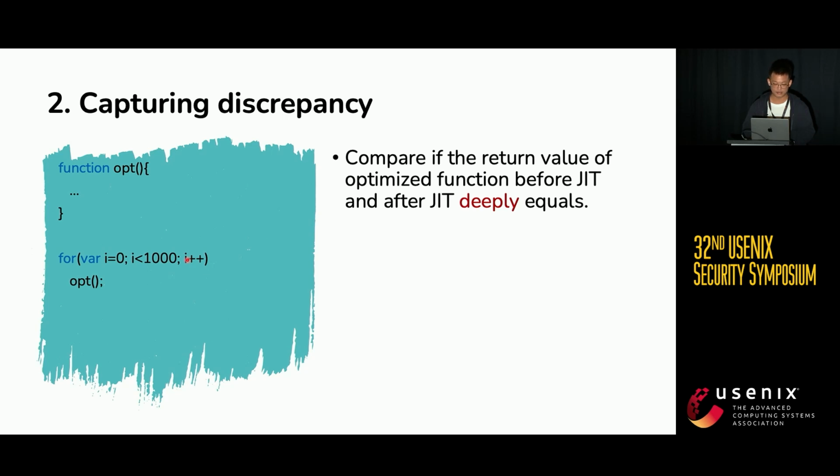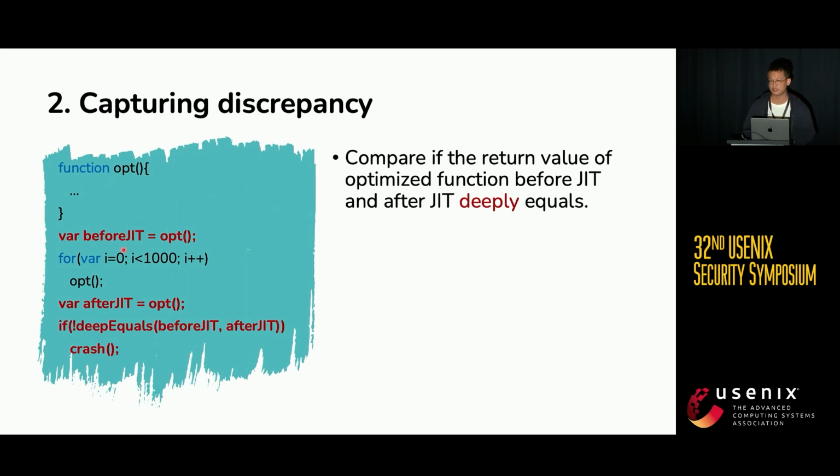For the second step, capturing the discrepancy, to capture the discrepancy before and after the optimization, we can compare whether the return values of the function before and after optimization are deeply equal. The first parameter, before JIT, records the return value of the opt function, and after JIT records the return value of the function after the optimization.